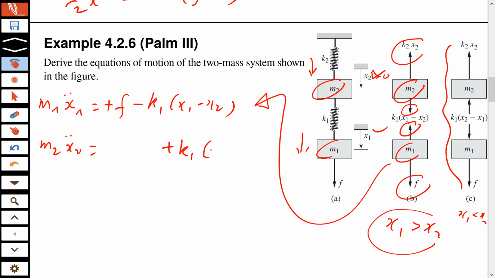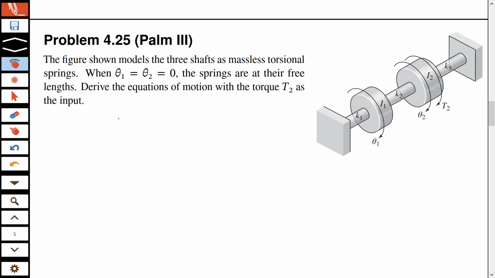That same k1 times x1 minus x2 is with a plus sign because it's in the same direction as x2, and k2 x2 is opposing x2, so that's the minus sign, and you immediately get the equations of motion. You can leave it like that because it's not one equation but two equations, so that's good enough.